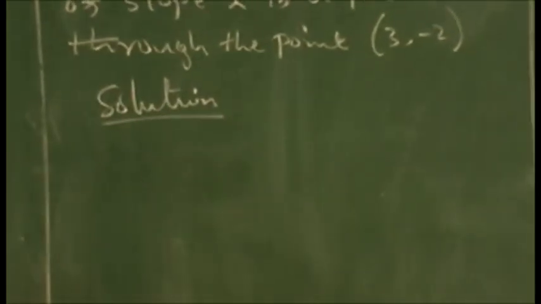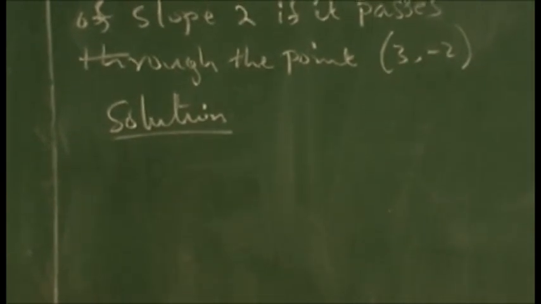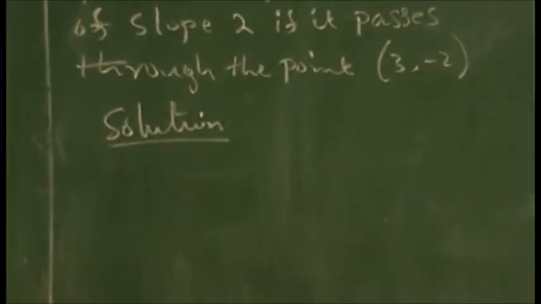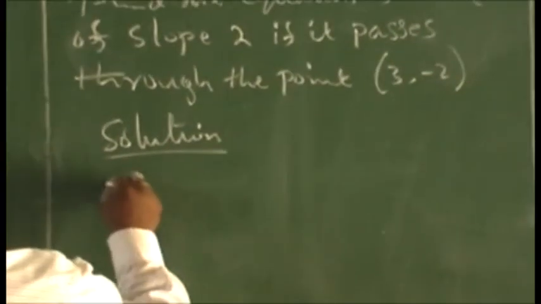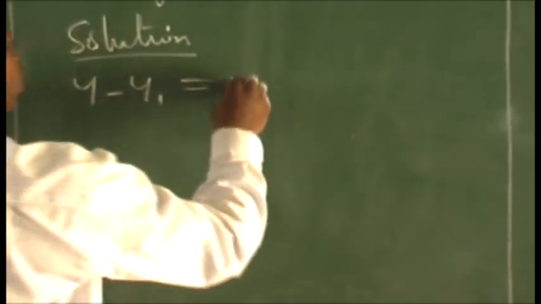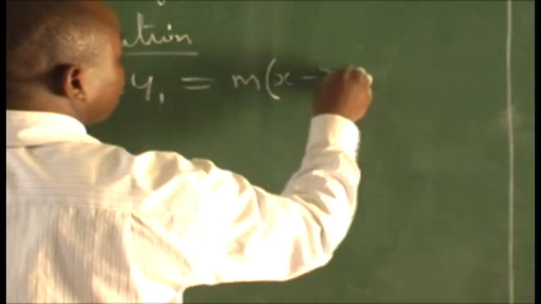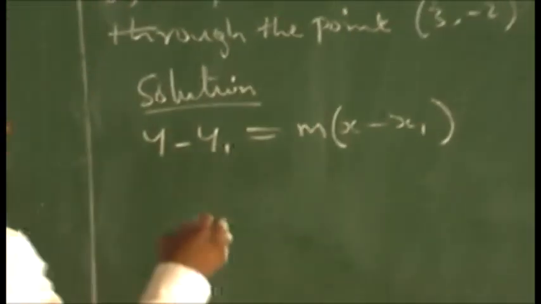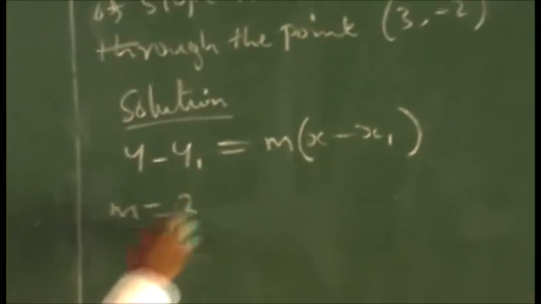We know that the equation of a line in gradient and one point form is given by y minus y1 is equal to m times x minus x1. So here, m is equal to 2, that is the gradient.